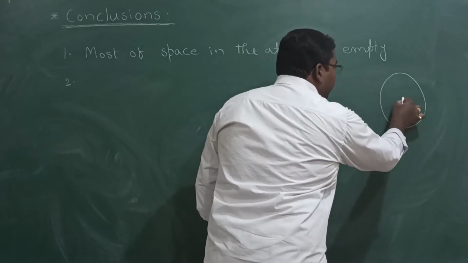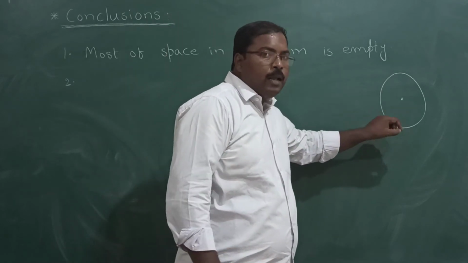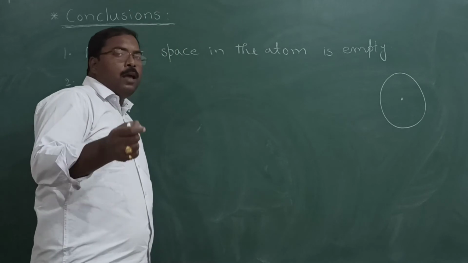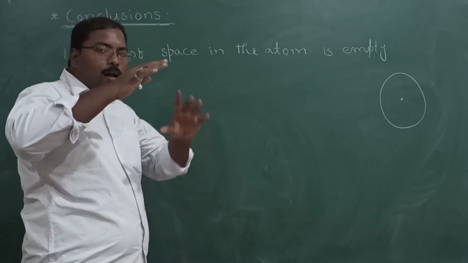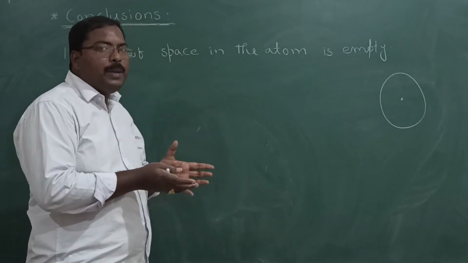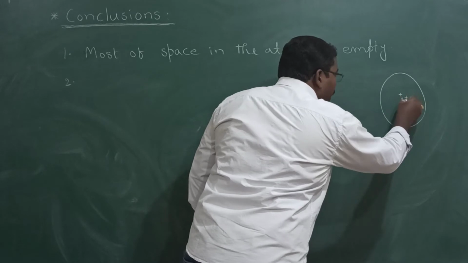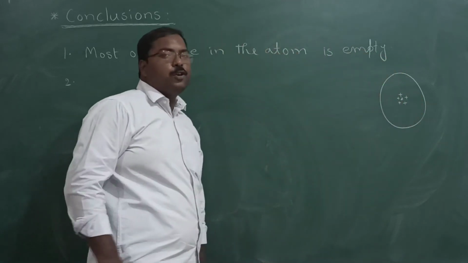So here if you observe, we know this is the atom. Now from the second type of rays he concluded that at the center of the atom, all the positive charge of the atom is located. Means the protons are present inside the nucleus.